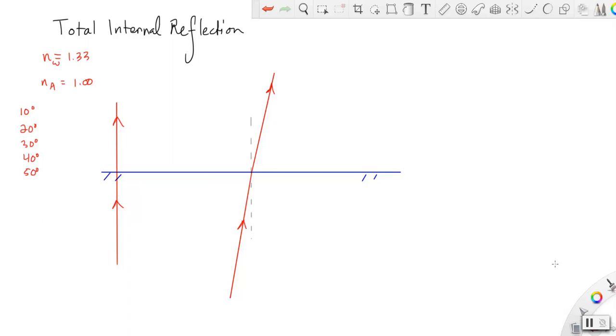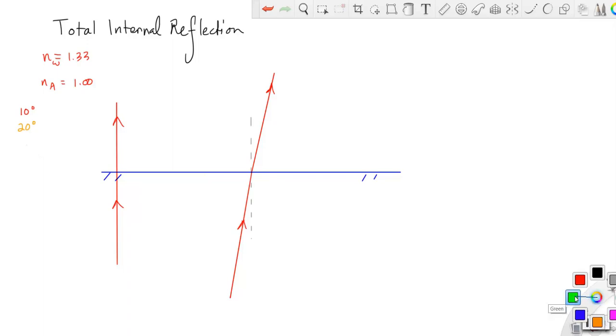Okay. So that's our 10 degrees. As a matter of fact, let me go back and label these according to color. So I'm going to try with an orange ray. I'm going to do 20 degrees with respect to the normal coming out of the water, or approaching the surface of the water.